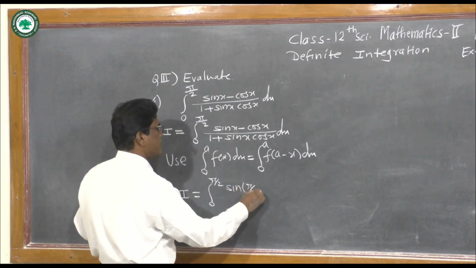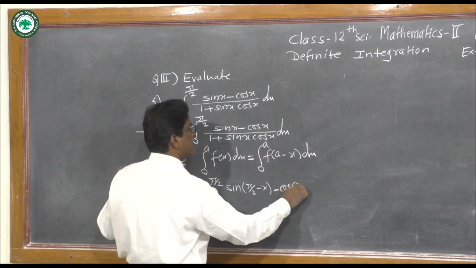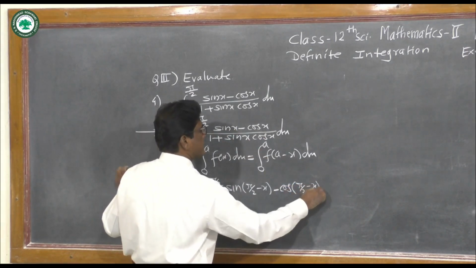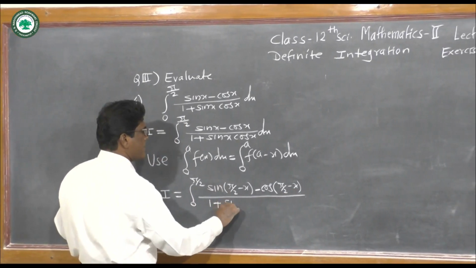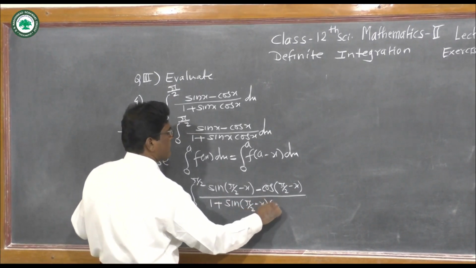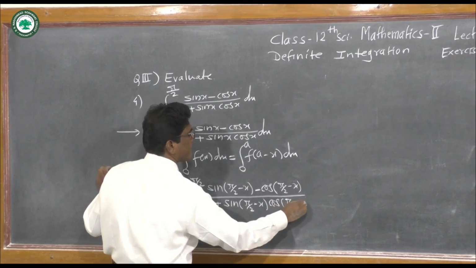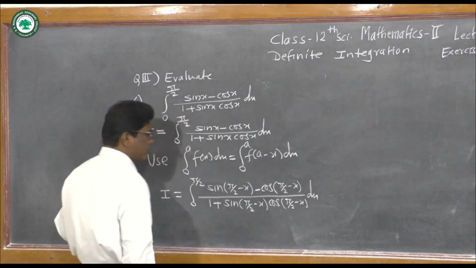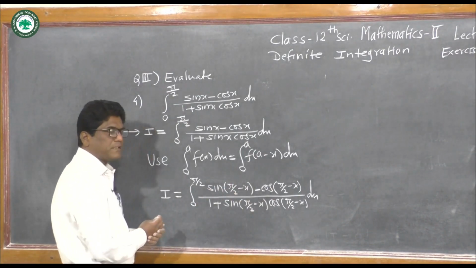So it is sin of pi by 2 minus x minus cos of pi by 2 minus x divided by 1 plus sine of pi by 2 minus x, cos of pi by 2 minus x dx. Now use the formula sine of 90 minus theta and cos of 90 minus theta.